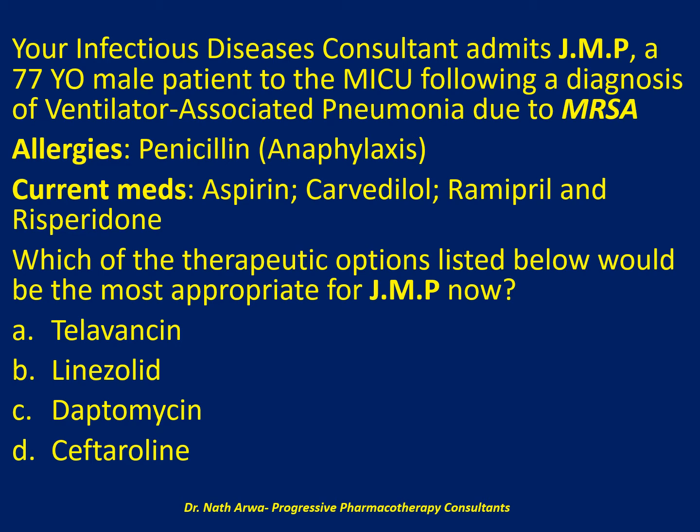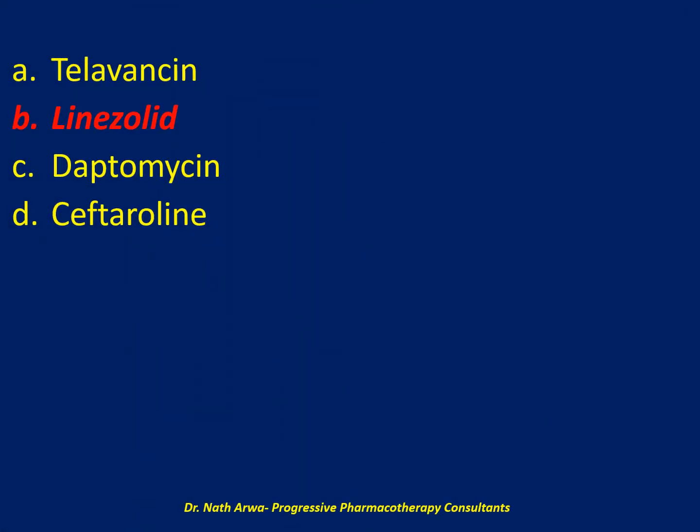I'll give you 10 seconds to choose the correct answer. I would treat this gentleman with linezolid infused over an hour at a dose of 600 milligrams every 12 hours.